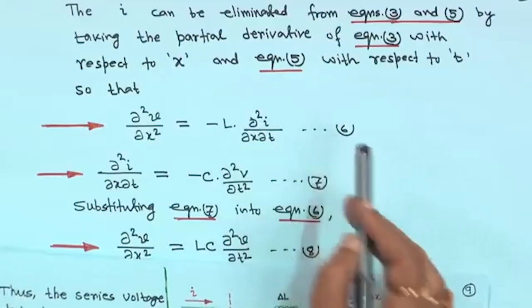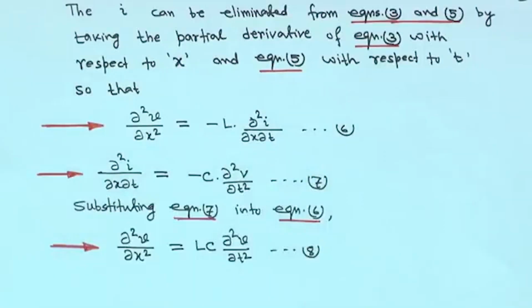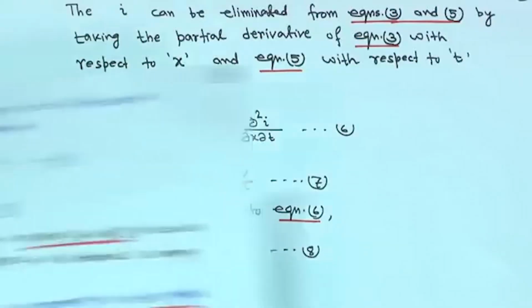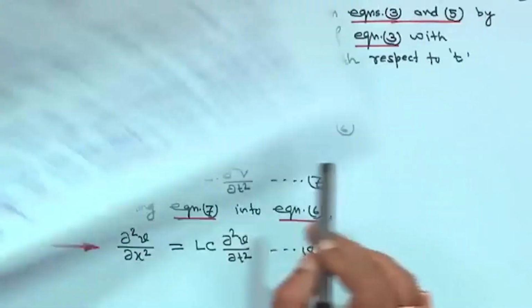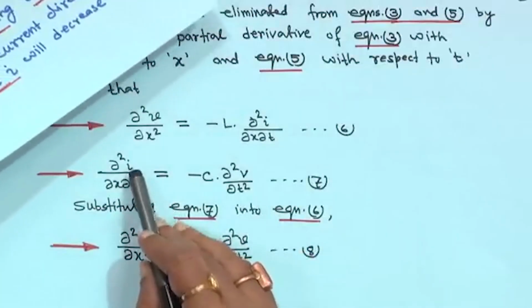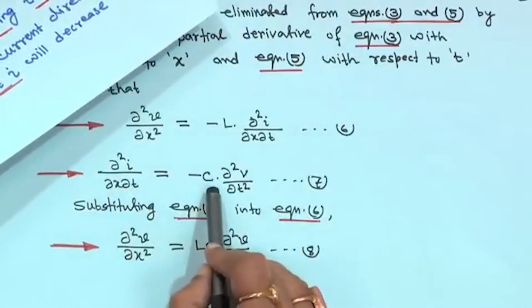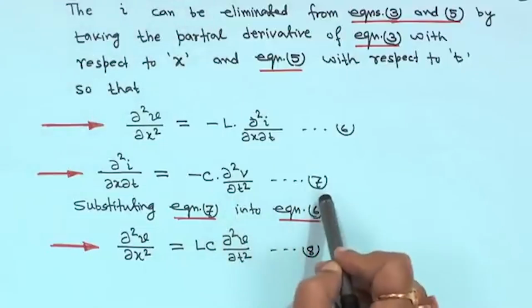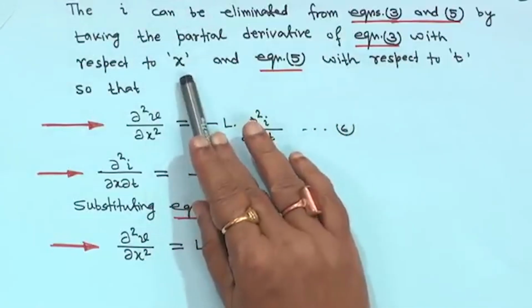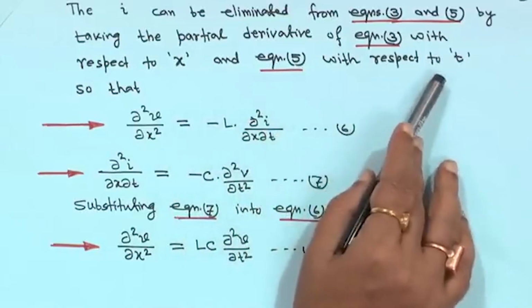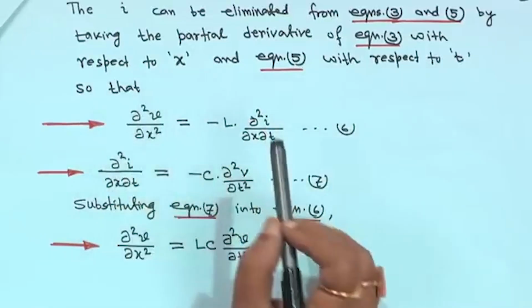This is equation 6. Similarly, if you take the derivative of equation 5 with respect to t, then del square I del x del t is equal to minus c del square v del t square. This is equation 7. So, equation 3 you differentiate with respect to x and equation 5 with respect to t.